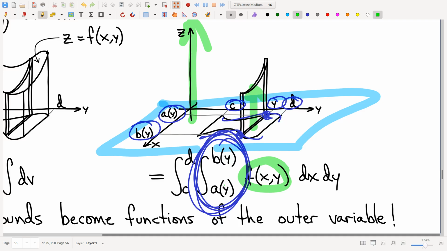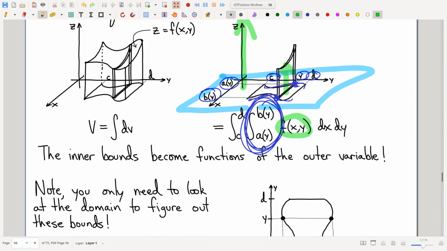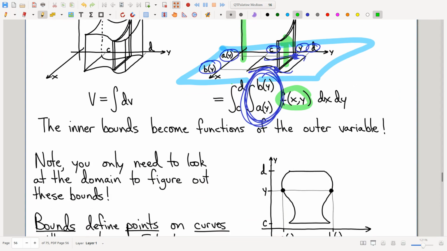That was arguably comforting because we like to be able to see all the players, and here's our loaf of bread and all that stuff. But all that's going to change is these bounds, and those bounds are entirely determined by a two-dimensional picture. So that's going to be the next take I'm going to give you.